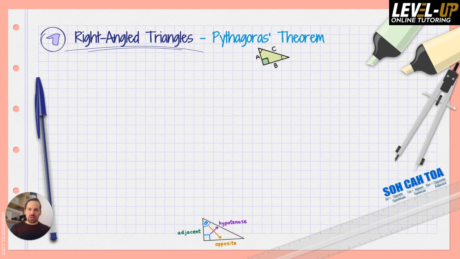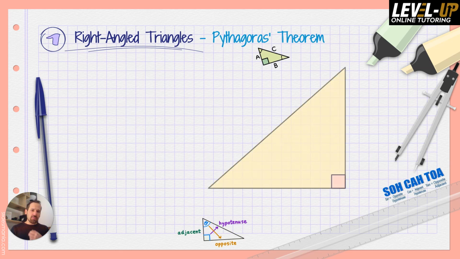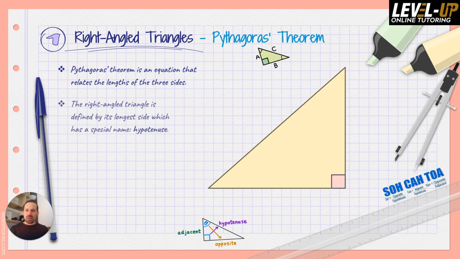So here we have right angle triangles. Let's start off with that. First of all, we have Pythagoras' theorem, which relates to a right angle triangle, and it relates the lengths of the three sides. We need to label our sides. First of all, we label the hypotenuse, which is the longest side, the one that's always going to be opposite the right angle.